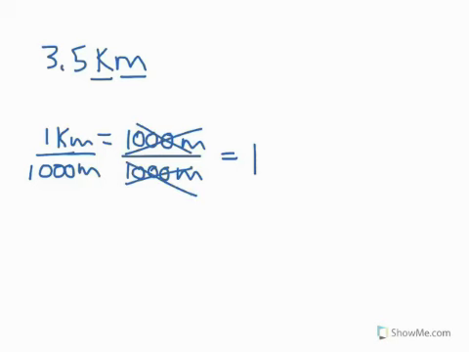All right? Or I could take 1,000 meters, oops, erase that, 1,000 meters on this side equal 1 kilometer. Divide both sides by 1 kilometer.